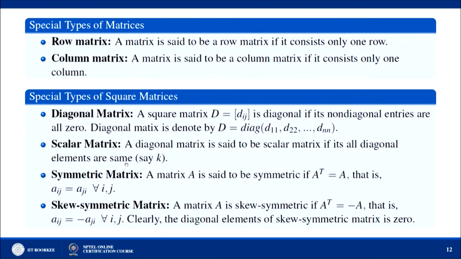A scalar matrix: a diagonal matrix is said to be scalar if all its diagonal elements are the same, say K. Symmetric matrix means a matrix A is said to be symmetric if A transpose equals A, that is Aij equals Aji for all i, j.